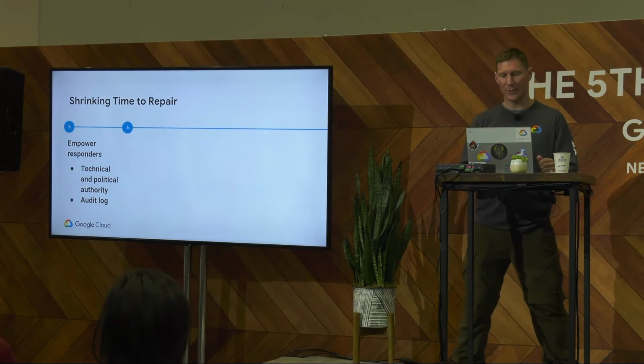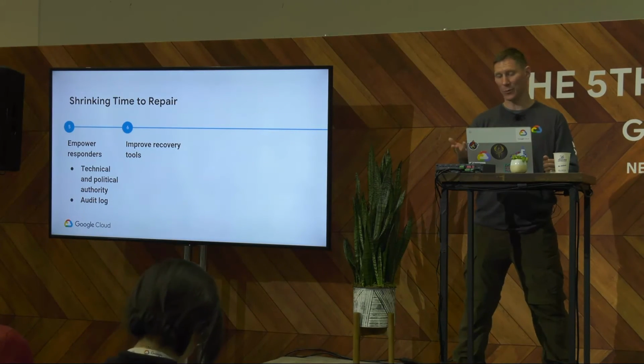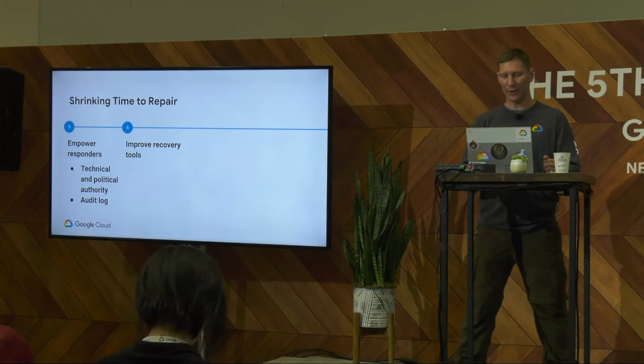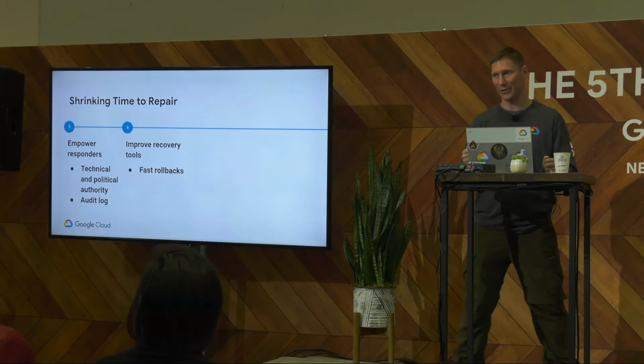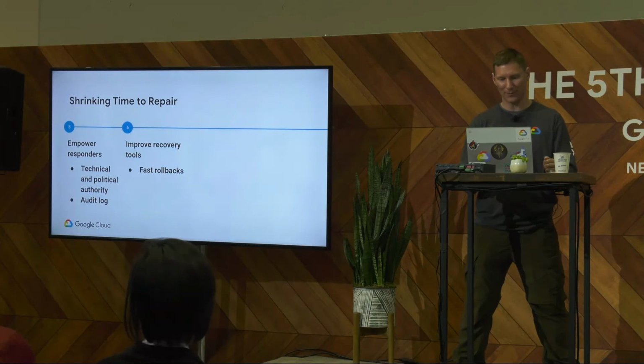Another way for you to speed up your response is to improve your recovery tools. If you know what you need to do right away, but it takes forever to get it done, then maybe you need to work on this. You can start by writing tools for fast rollbacks, because the first best thing that any incident responder can try is to roll back the version that just went out, because that very often fixes the problem.